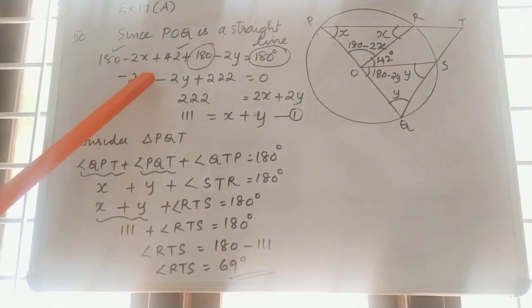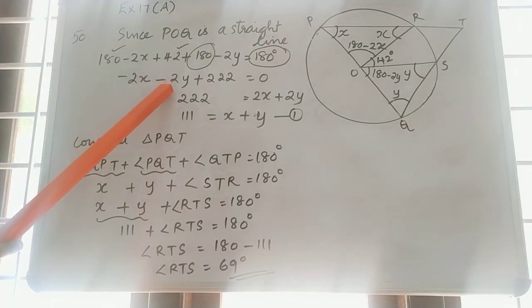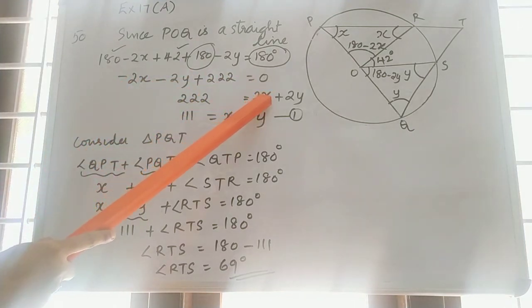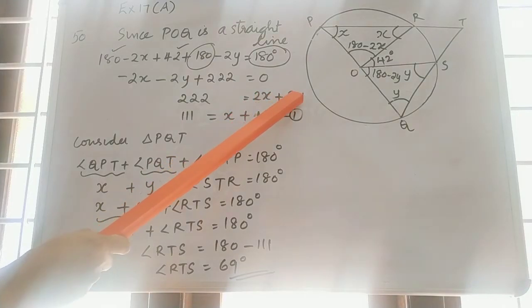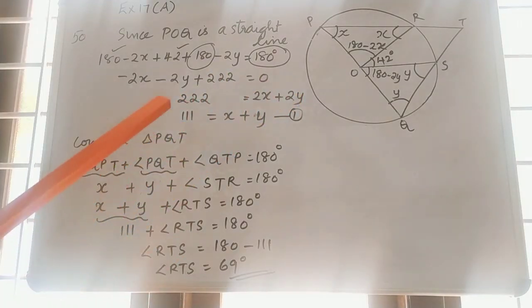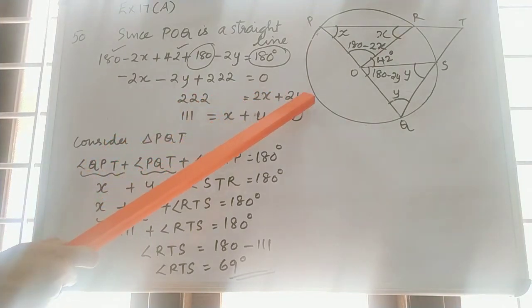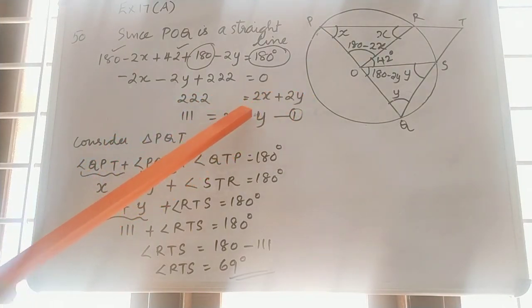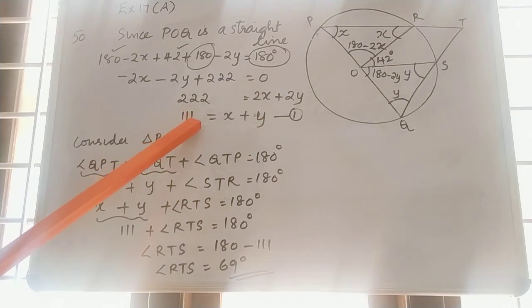These 2x and 2y are negatives, so we can take them to the right side. So it will become positive 2x plus positive 2y. So 222 is equal to 2x plus 2y. Dividing throughout by 2, we will get x plus y is equal to 111. Let it be equation number 1.